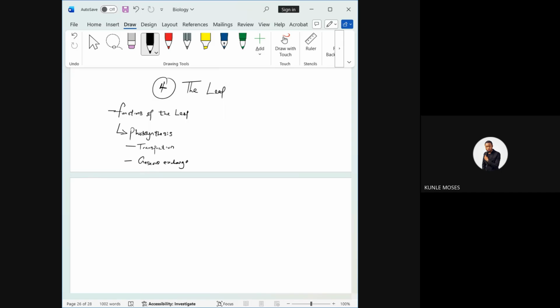That's the question. Or what is photosynthesis? Maybe I should just ask that question. It is the process by which green plants manufacture their own food through the help of sunlight. I mean, in the presence of sunlight.